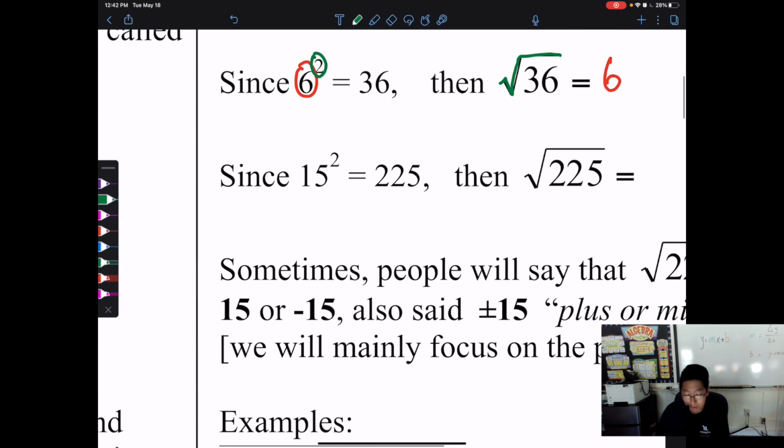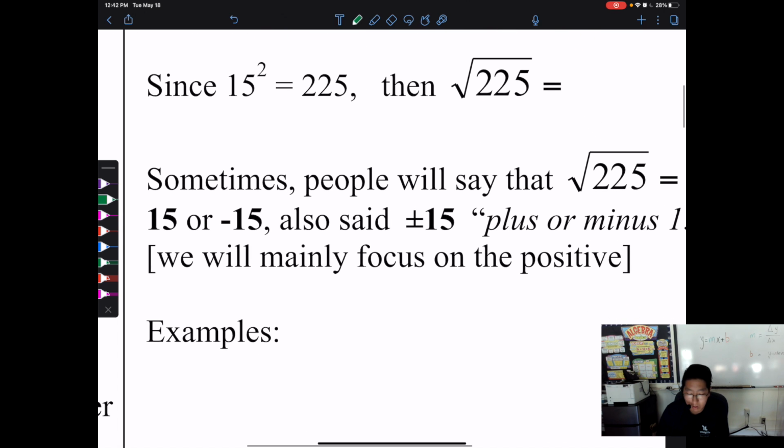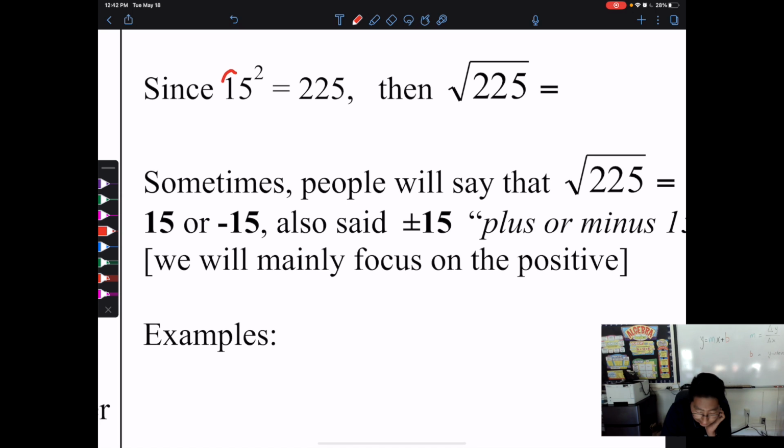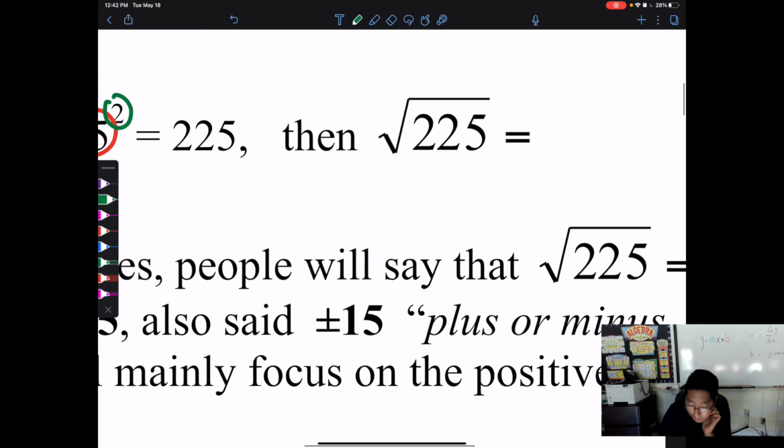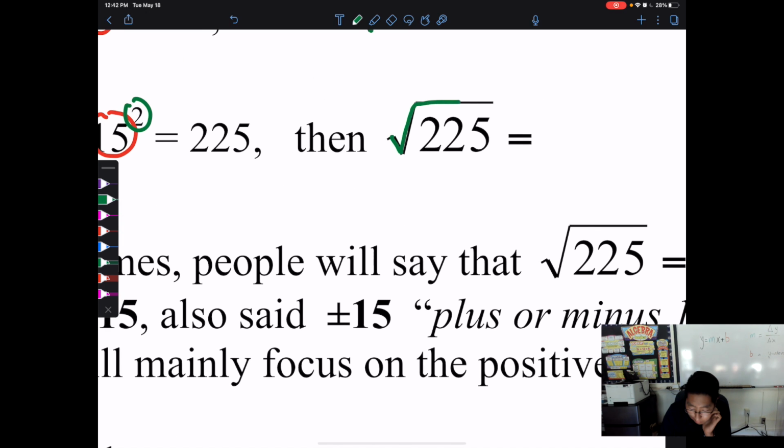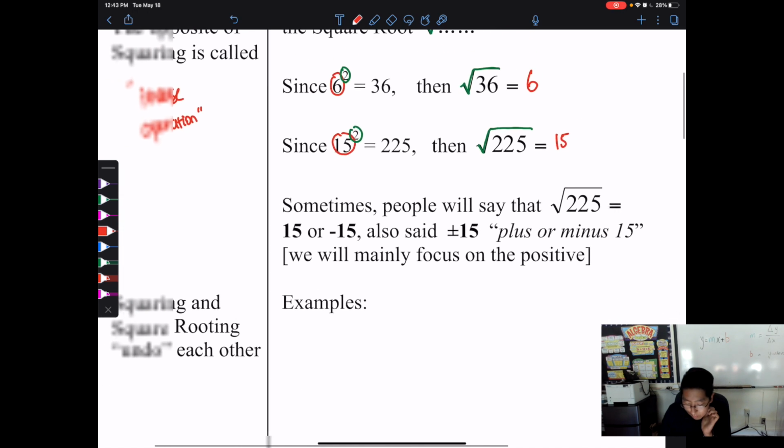Here's another one. I think you can answer this. Since 15 squared is 225, right? What's the base? 15. The exponent is 2, right? Then the square root of 225 is 15. All right.